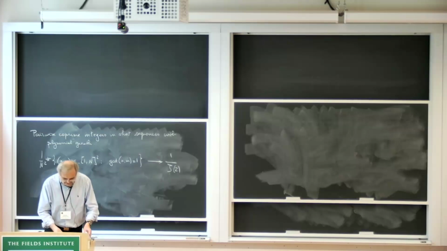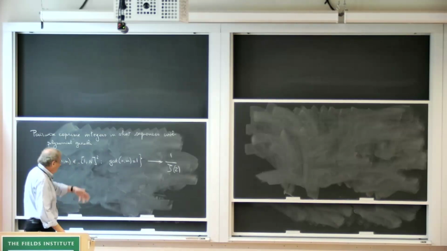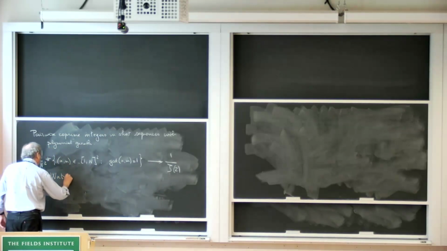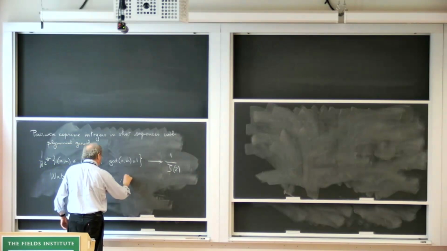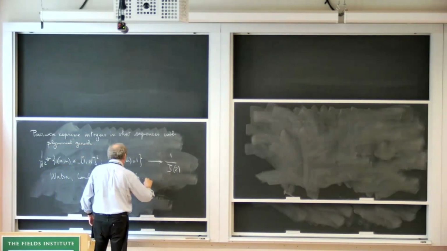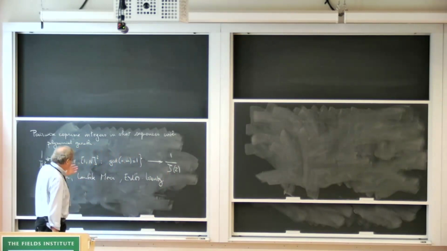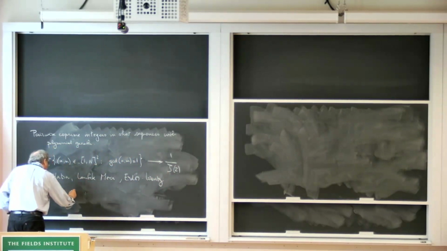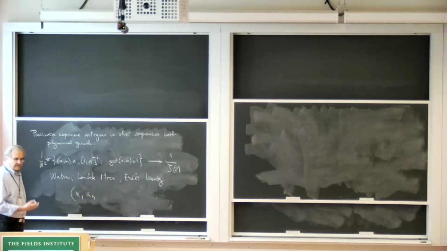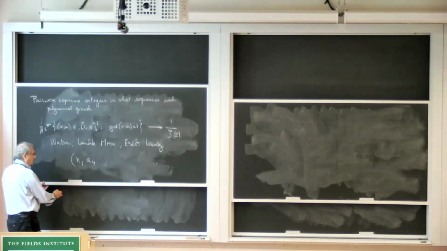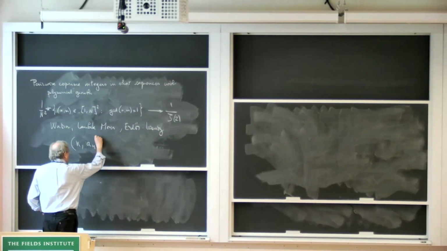Now, in the 1950s, it was introduced by possibly Watson first, but also then a few years later Lambek and Moser, and Erdős and Lorentz. They studied the following thing: you take a given sequence a(n) of integers, and you look at the condition that the GCD of n and a(n) is equal to 1.